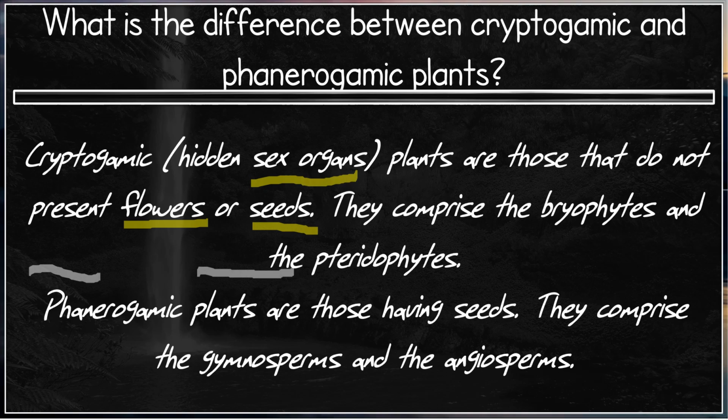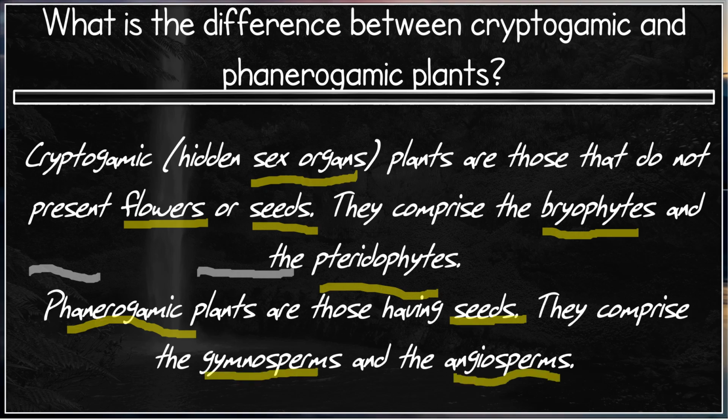They comprise the bryophytes and pteridophytes. Phanerogamic plants are those having seeds. They comprise gymnosperms and angiosperms.